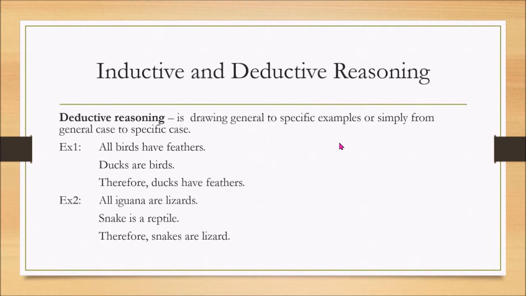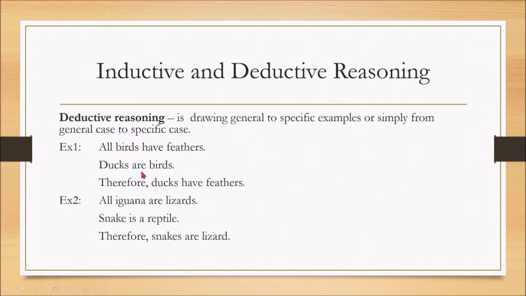Next is deductive. Deductive is simply when we draw a conclusion from a general case to a specific example, wherein inductive is from specific to general. For example, here we have a deductive example: all birds have feathers.